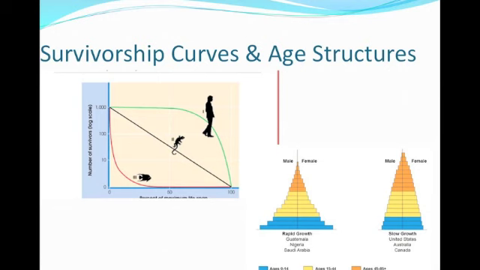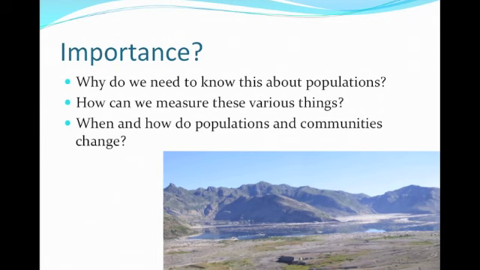So now the importance of knowing about all populations, why we need to measure these things and how population and community changes, is basically that it affects how the ecosystem works and functions in its stability, because the boom and bust cycle is not very stable.